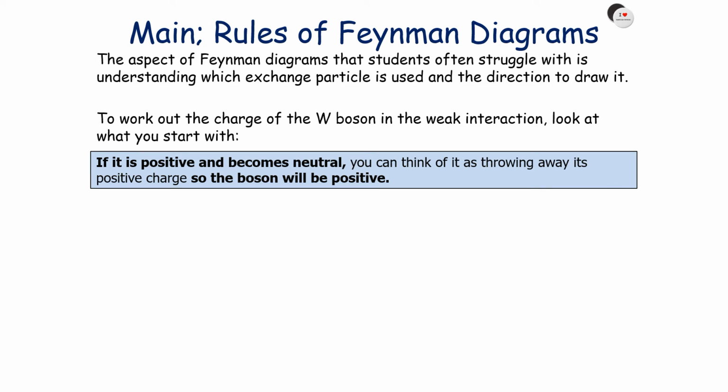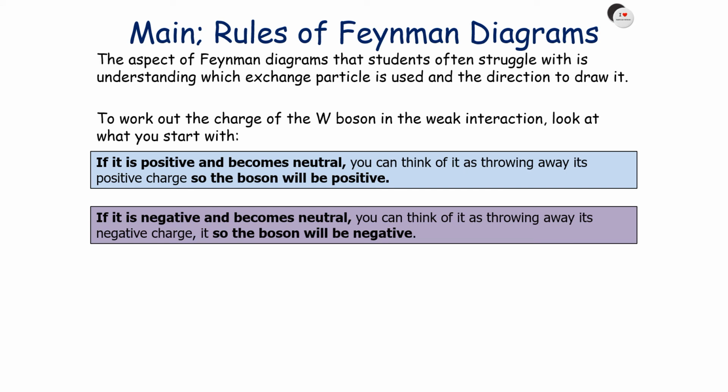So if you start off with a positively charged baryon and it becomes neutral, you can think that the particle is throwing away its positive charge, and it throws away its positive charge by having a positive boson, a W+. If the baryon is negative and then becomes neutral, you can think of it as having thrown away its negative charge.